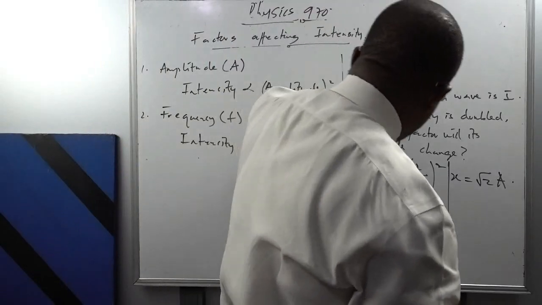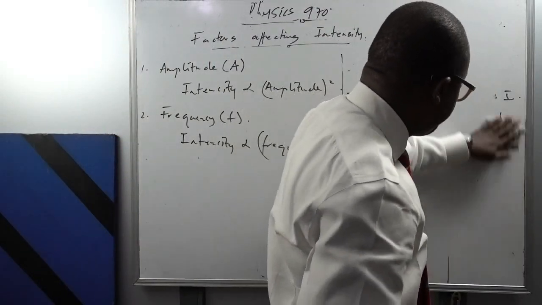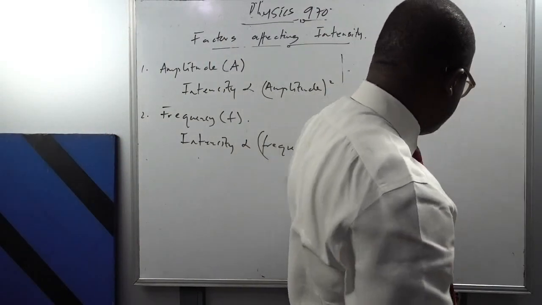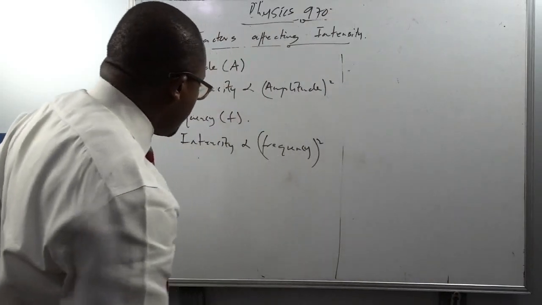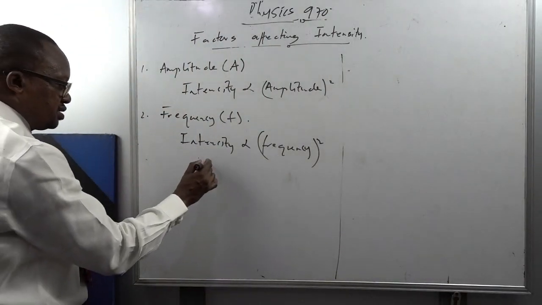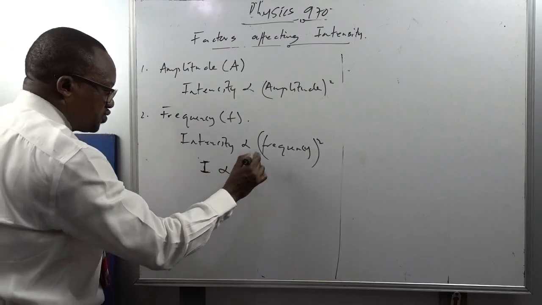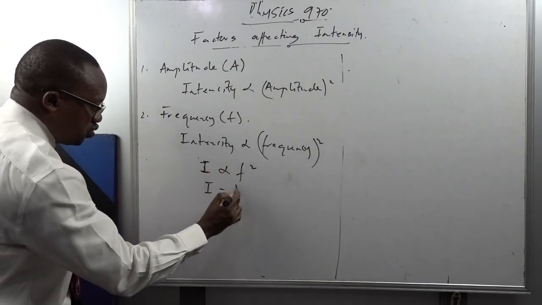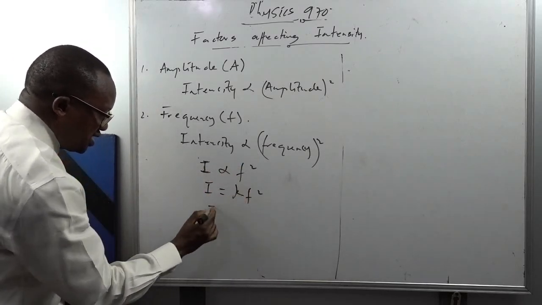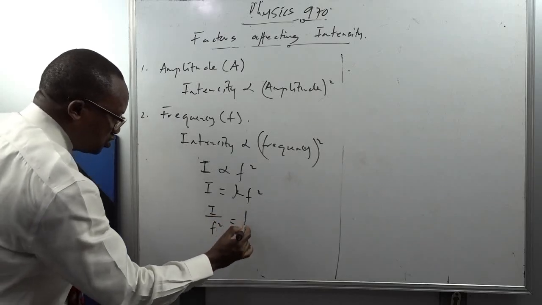So in the same way, I can say that intensity is proportional to frequency squared. So I is equal to K F squared. I over F squared is equal to K.